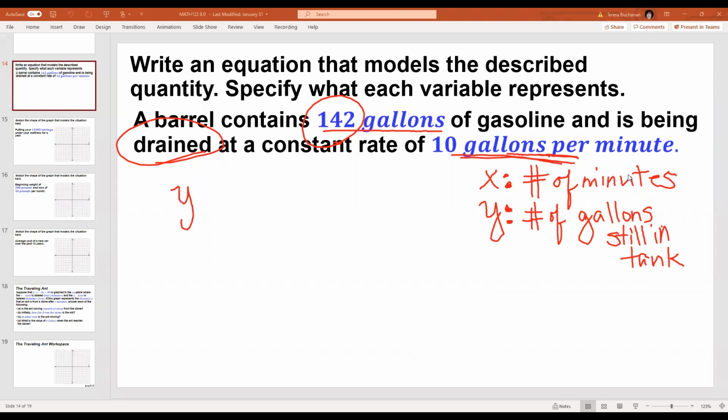Wouldn't we have to say that we started at 142 gallons? We started at 142 and we were subtracting off some number of gallons. And the number of gallons that we're subtracting is 10 gallons per minute times the number of minutes.